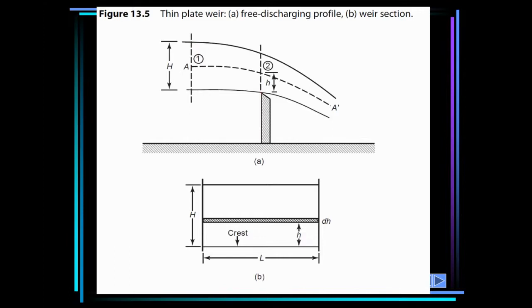We'll look at its streamline, A prime. This is the side view, this is the front view. This is the crest height, and this is a small element at a distance h from the crest, at point 2.